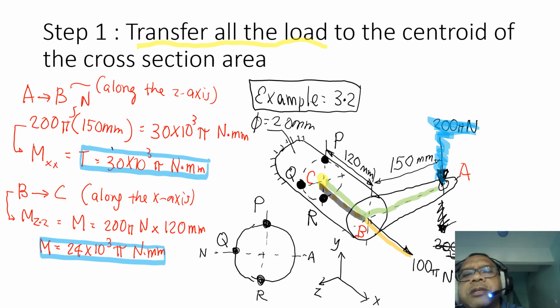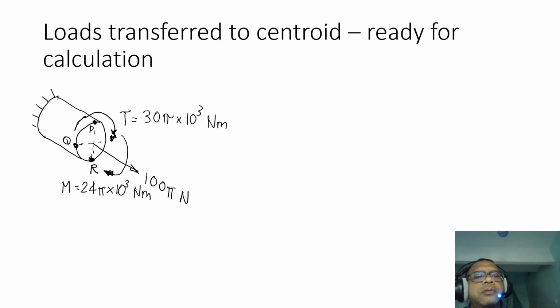So I can draw it. Can I erase this? No, I cannot erase this, so I have to show it in here. So that's the loads transferred to the centroid.